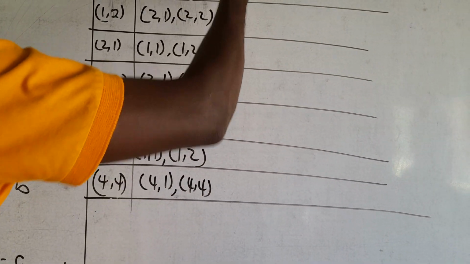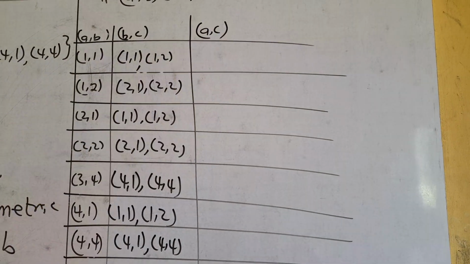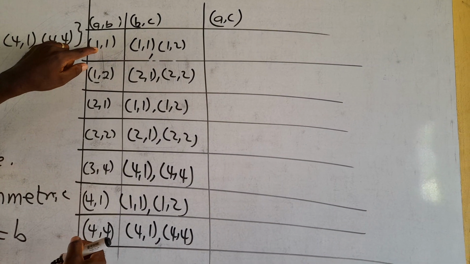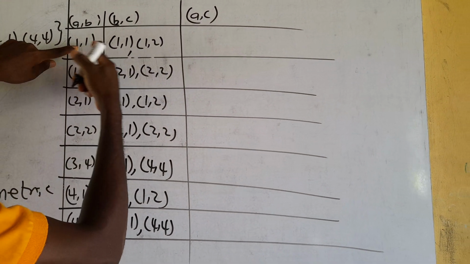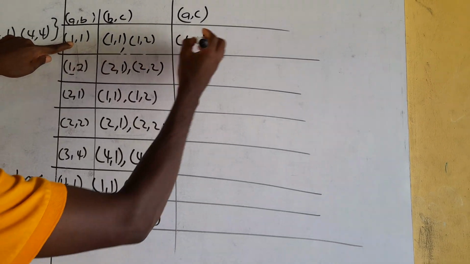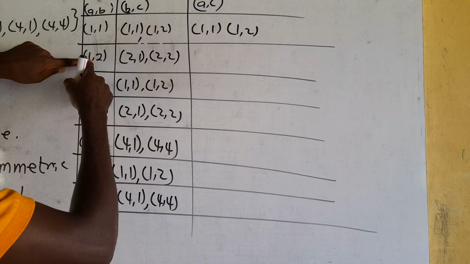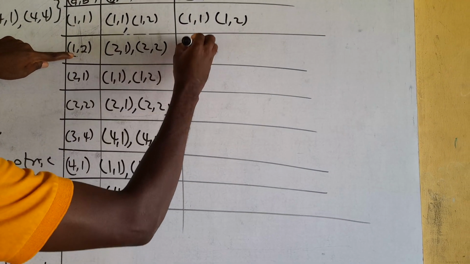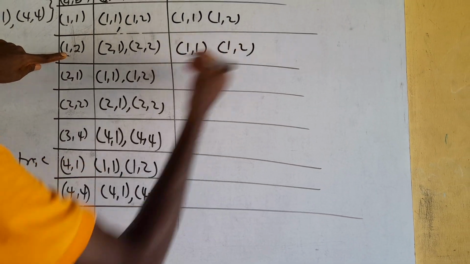Then I'll come to the decision maker, that's (a, c). In that case, I'll pick the first element of the first pair and the second element of the second pair. So here, (1, 1) gives (1, 1), then (1, 2). Then (1, 1) and (1, 2) again.